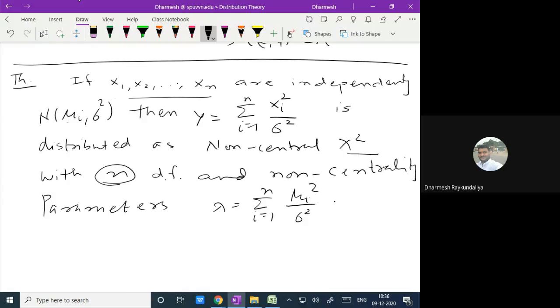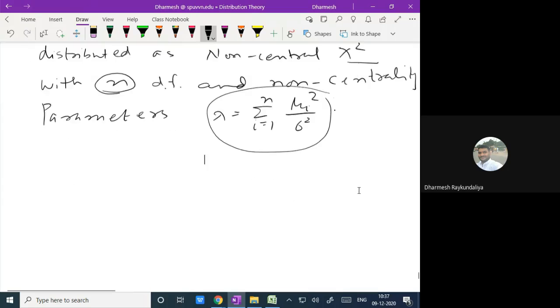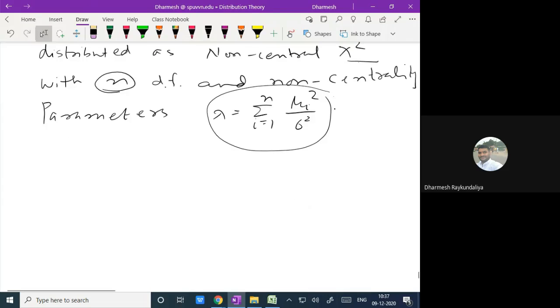The sum of squares of n independent variates is a chi-square, but because mu is not zero, it is a non-central chi-square with n degrees of freedom, and the non-centrality parameter lambda is equal to summation i running from 1 to n of mu i square upon sigma square. So we will give the proof of this theorem.